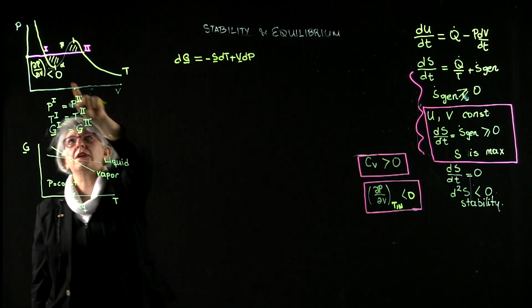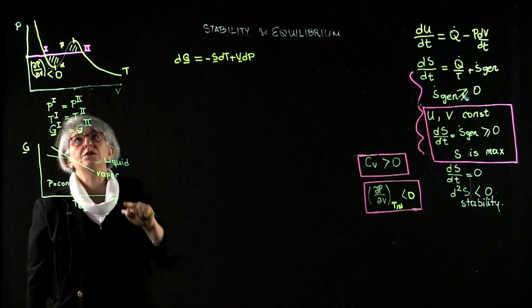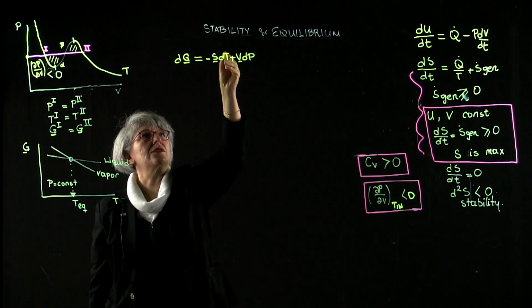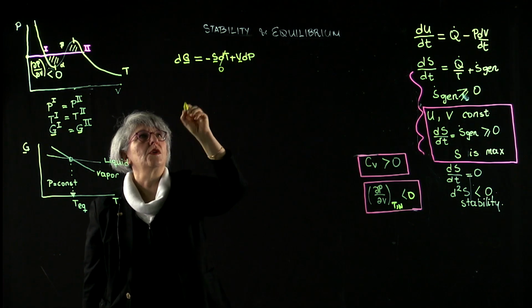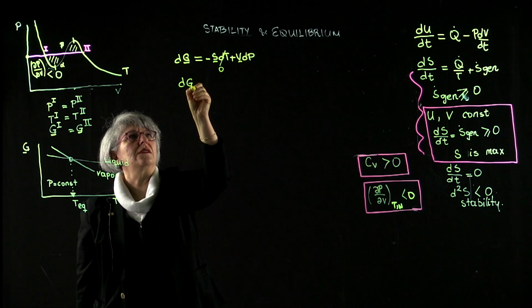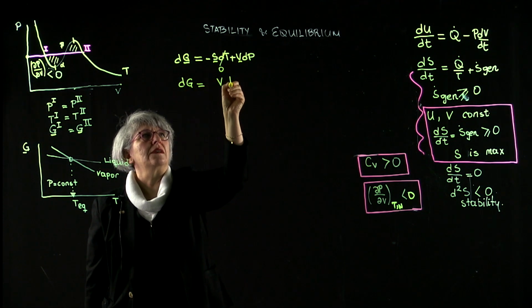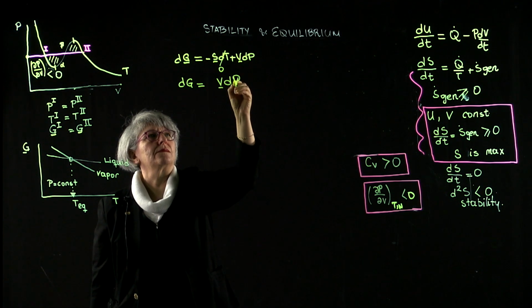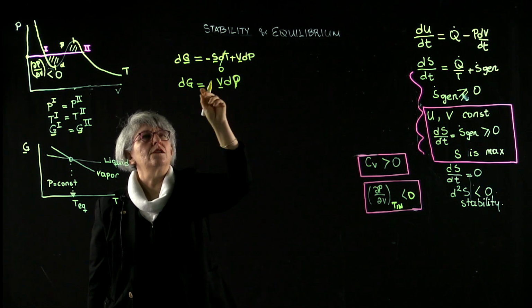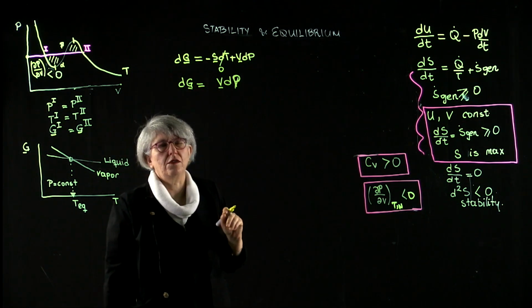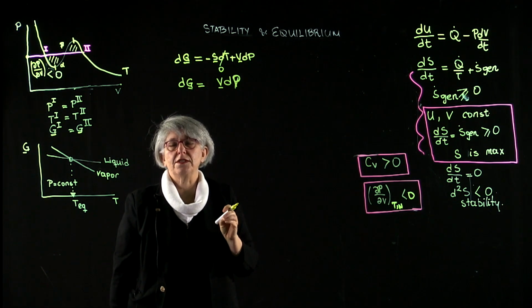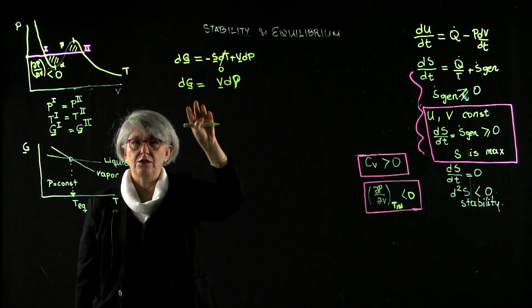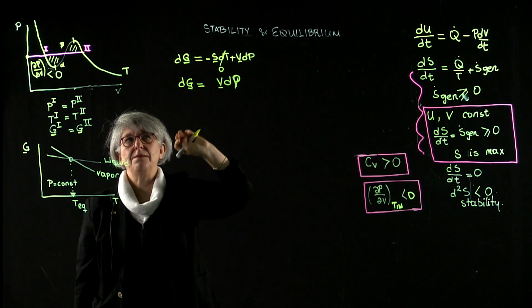Now, remember, we are looking for the condition of equilibrium on a constant temperature curve. If temperature is constant, this term drops out. So our Gibbs free energy is V dP. All right? So you're going to work around this Gibbs free energy function. Now we are going to integrate this between two pressure states, P1 and P2.